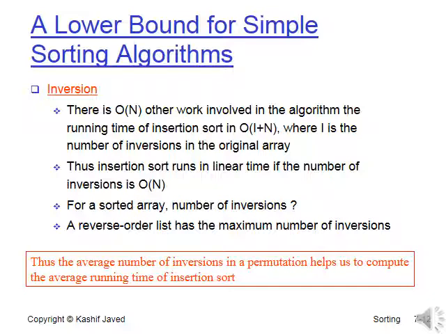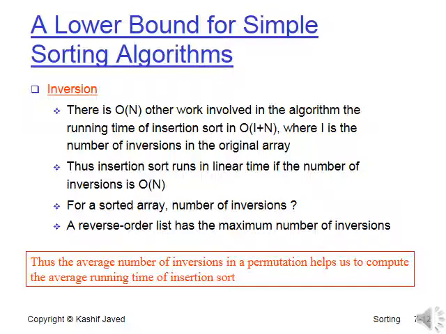There is order n other work involved in the algorithm, so the running time of insertion sort is order I plus n, where I is the number of inversions in the original array. Thus, insertion sort runs in linear time if the number of inversions is order n. A reverse order list has the maximum number of inversions, of order n squared.